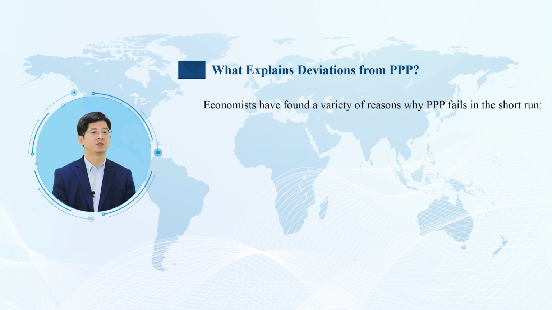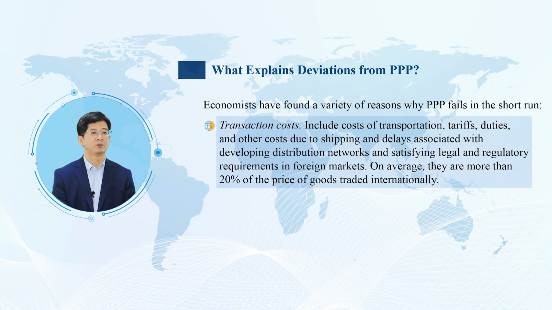Economists have focused on a variety of reasons why PPP fails in the short run. Transaction costs, including costs of transportation, tariffs, duties, and other costs due to shipping and delays associated with developing distribution networks and satisfying legal and regulatory requirements in foreign markets.